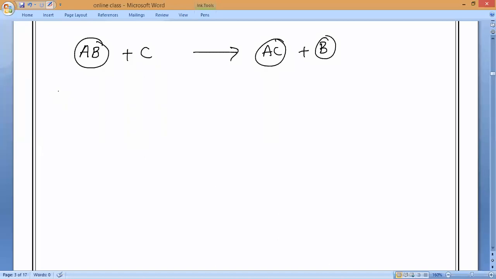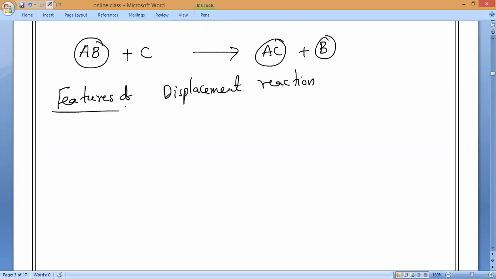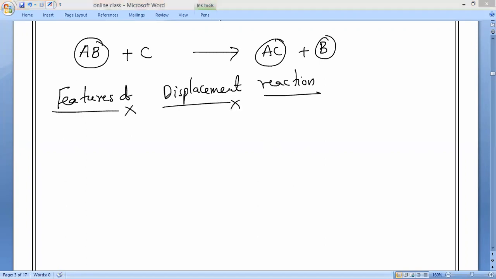How we can identify it, let us study. So please keep the heading: features of displacement reaction. Clear, everybody? Now, let us discuss these features.